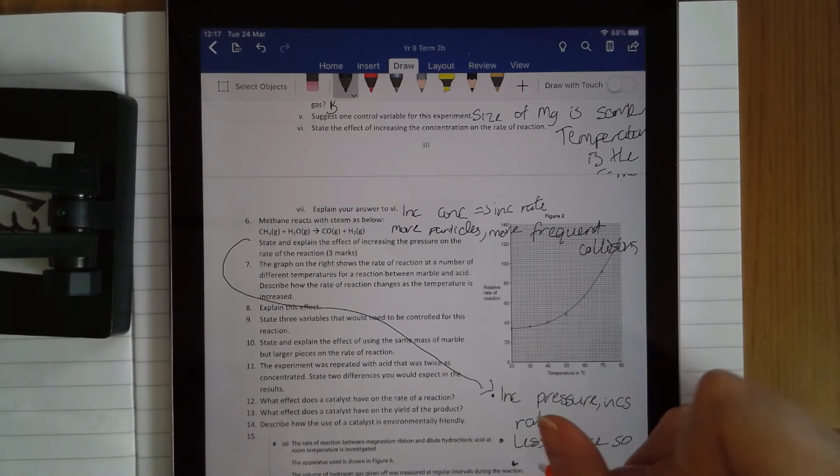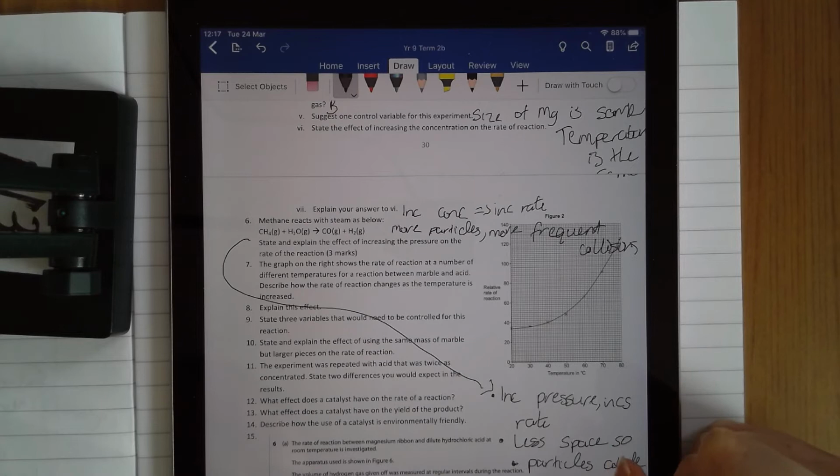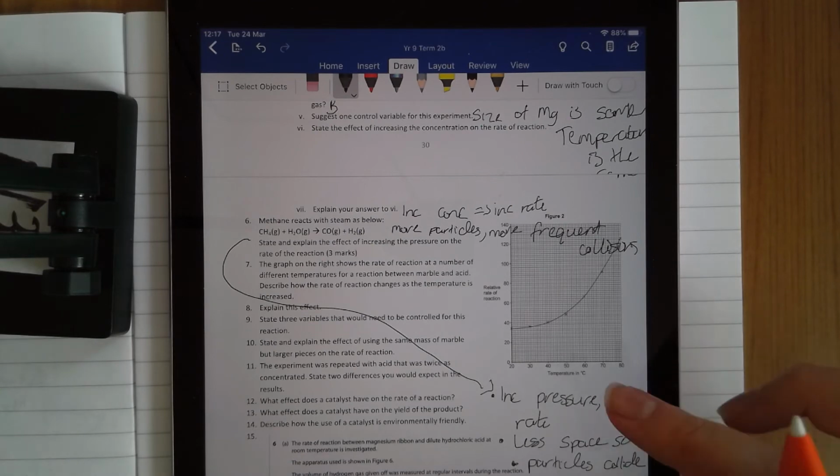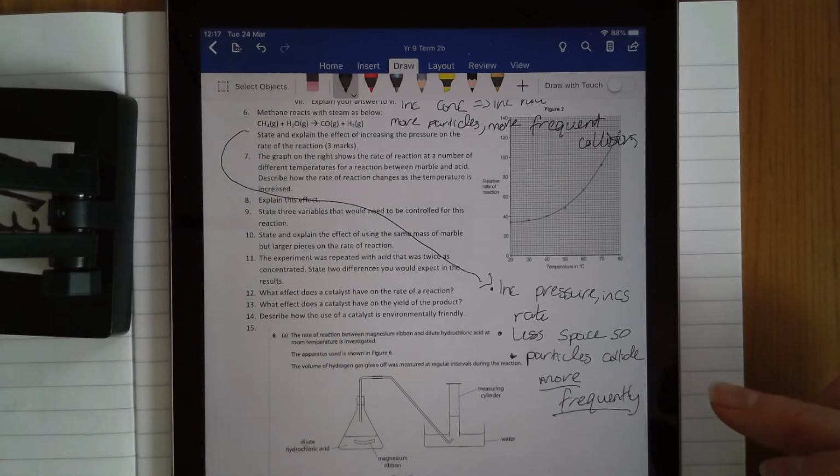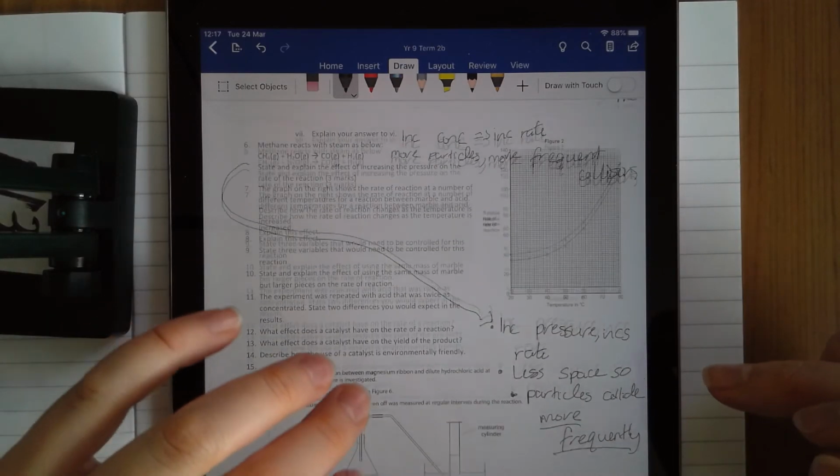And then for the final mark, so the particles or molecules, you can say, collide more frequently. Those words, more frequently, have to be included in your answer, okay? You can't just say collide more. You have to say collide more frequently.